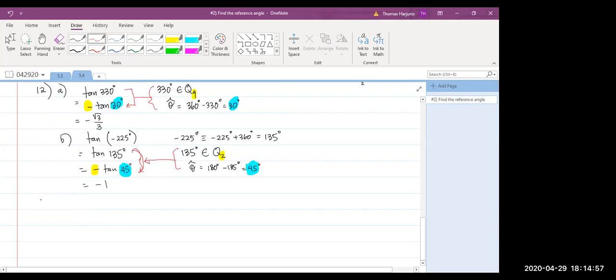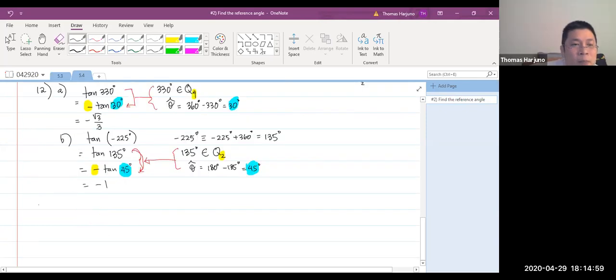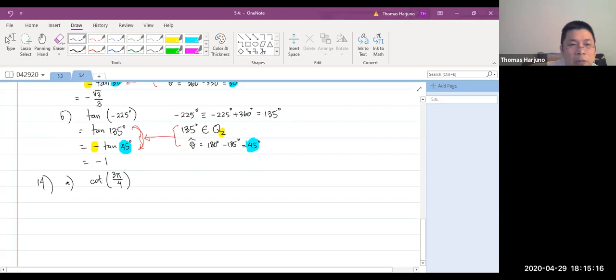Number 14A. We have cotangent of 3 pi over 4. I don't know how to deal with cotangent, so let me make it 1 over tangent first. Is it okay? 1 over tangent of 3 pi over 4.